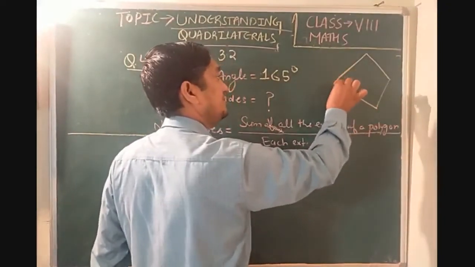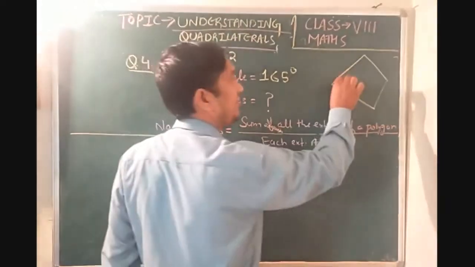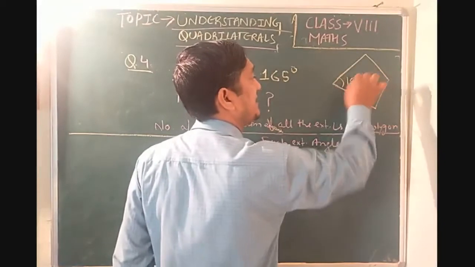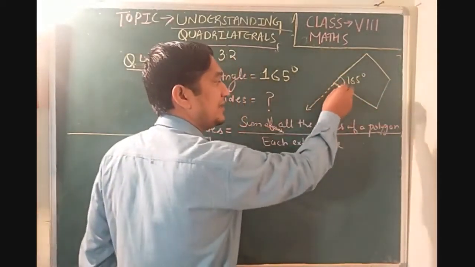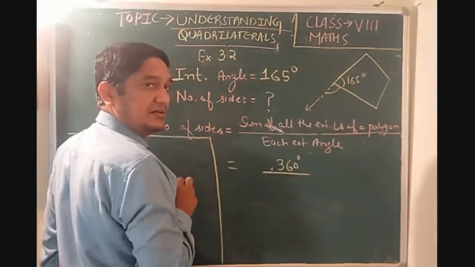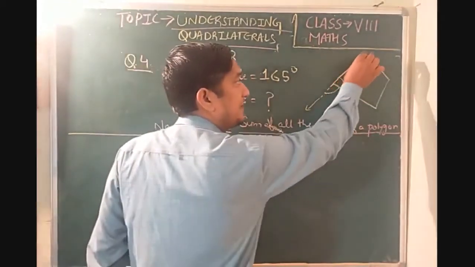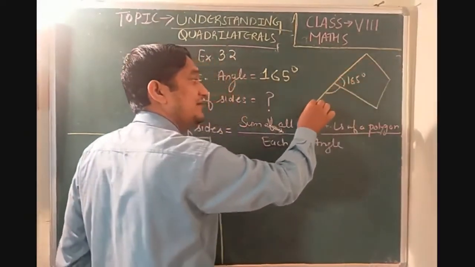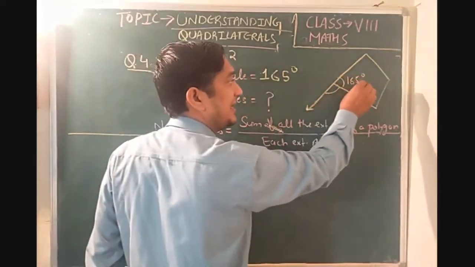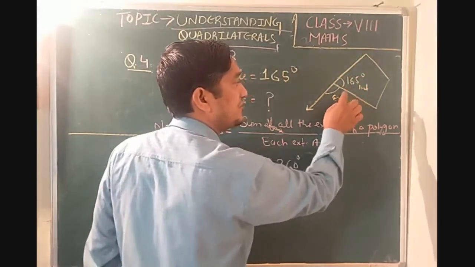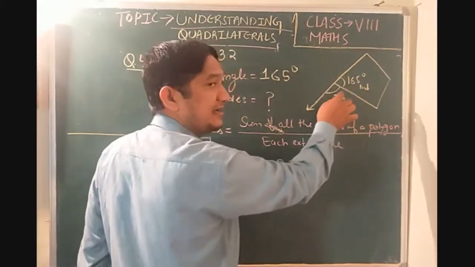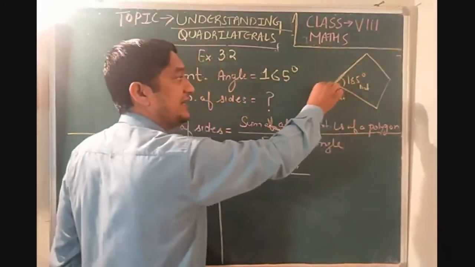This is a polygon, and here we have a 165 degree interior angle. This is an exterior angle. This is a straight line, and these two angles, interior and exterior, form a straight line.